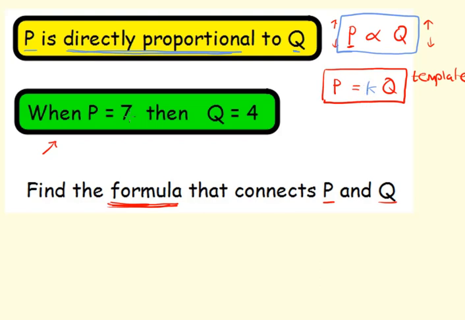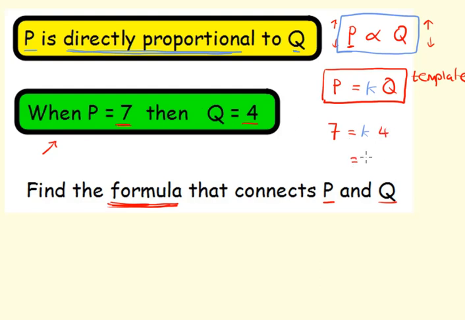It says when P is 7, Q is 4. If we put P and Q into this formula and replace them with the numbers we're told here, P is 7, and that equals something we don't know, times Q, which is 4.